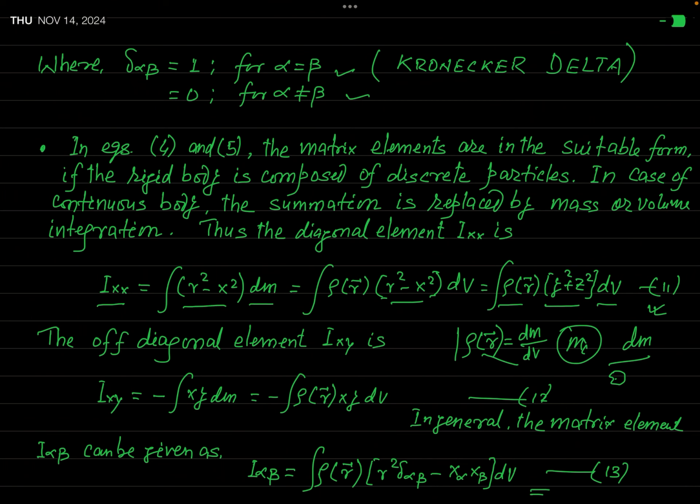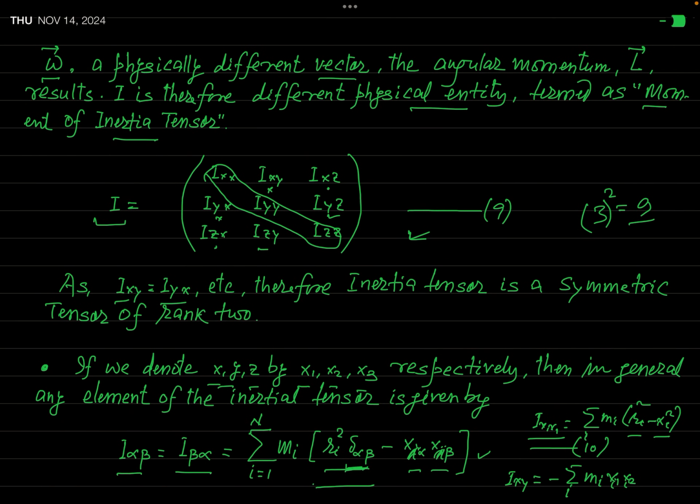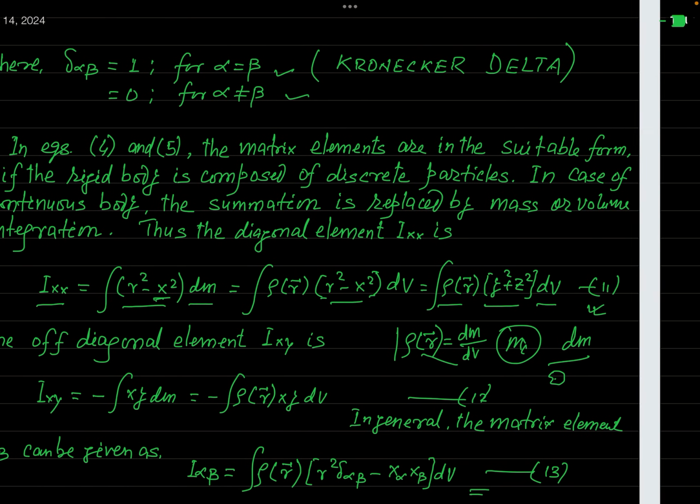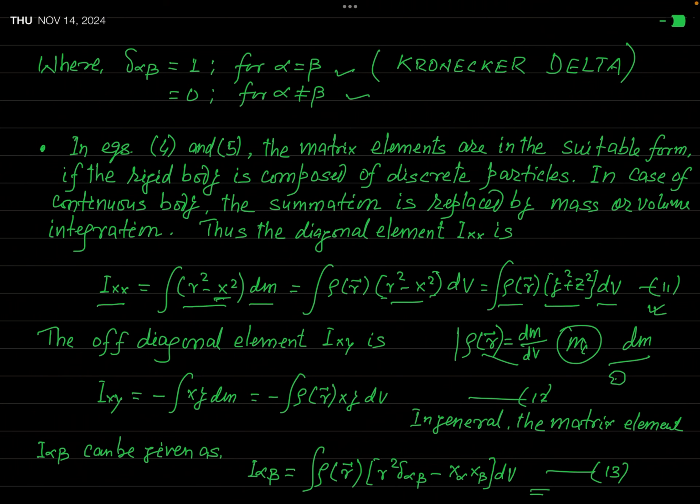When you have to find Iyy, then at the place of x there will be y, okay. And in case of Izz there will be z, okay. Similarly, for the off-diagonal elements, there are 6 off-diagonal elements, you can see in this matrix. And these off-diagonal elements like Ixy are found in this way: minus integral of xy dm.